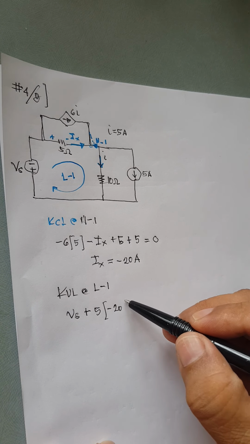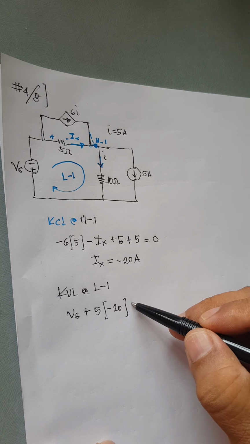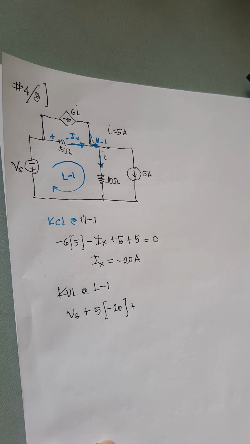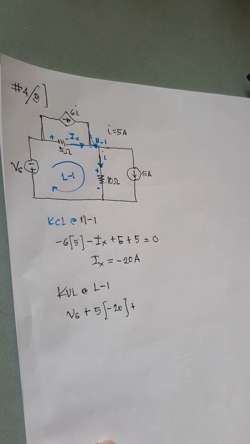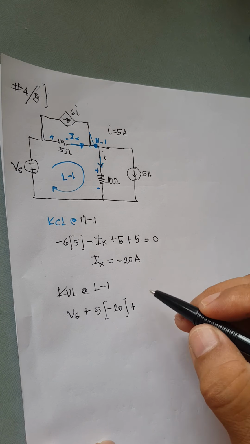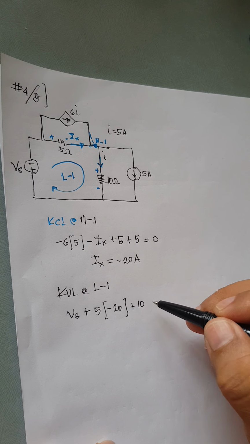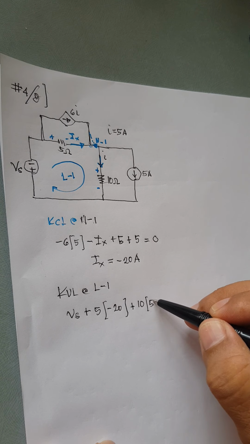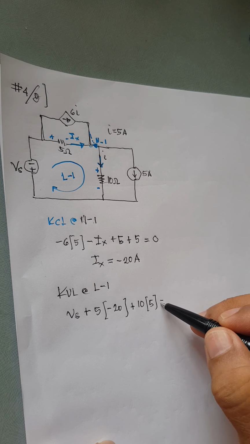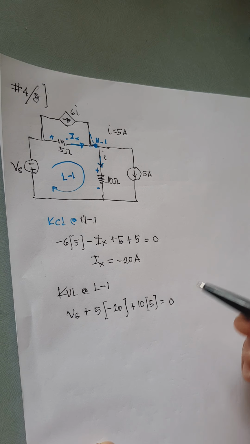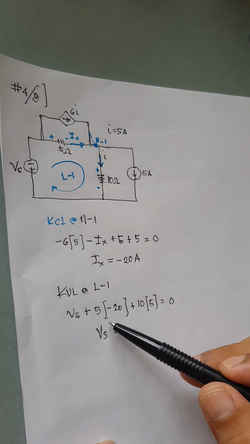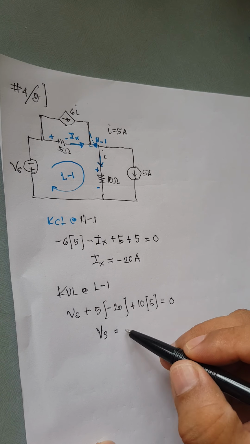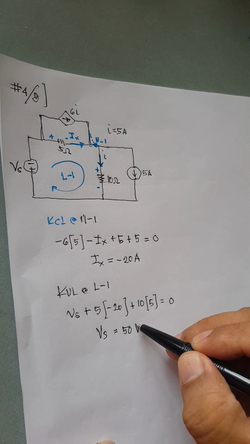We have solved Ix as negative 20. Then plus also. Why plus? Because the direction of I is going down. Plus 10 times I. But what is I? 5. As was stated in the problem. So equals 0. So Vs now equals, this is 100 and this is 50. So now 50 volts.